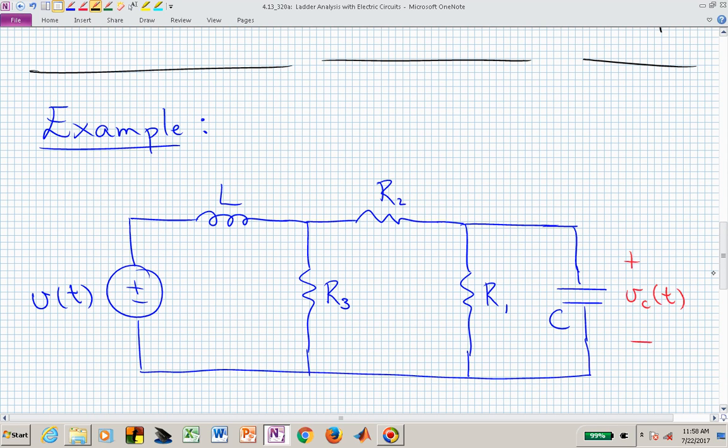Here is our circuit. If you use your imagination, hopefully you can see that these vertical elements could be looking like the rungs on a ladder, and we want to now work our way from right to left, from the output variable V sub C across to the input or the supply V of t, and do that in a step-by-step fashion so that we're not just writing mesh equations and then inverting a matrix or doing some kind of last minute computation at the end, and we can't really follow the analysis that has occurred in deriving the end result.